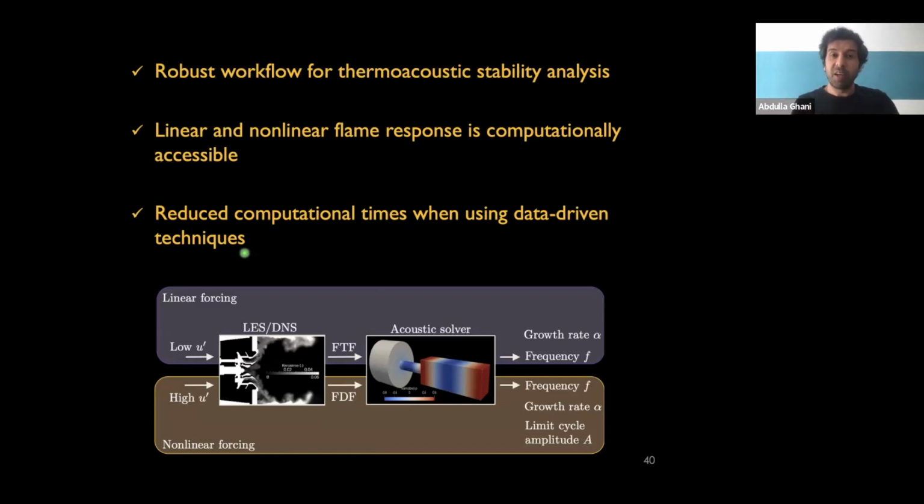So now we have seen there are methods which give us access to the linear and the nonlinear flame regime, which is really nice. And we've seen that these data-driven techniques allow us actually to reduce the heavy computational cost and just open the way to extend these system identification methods that we had, which were limited to linear systems.